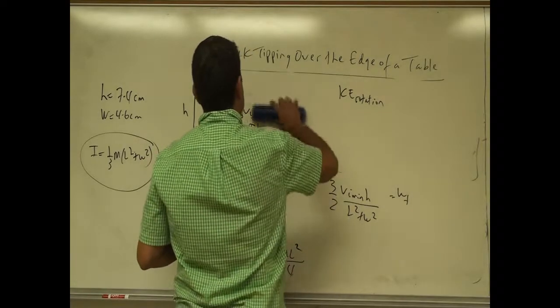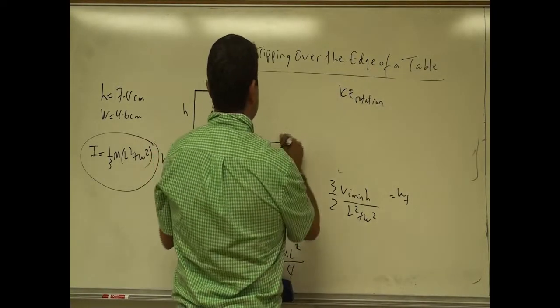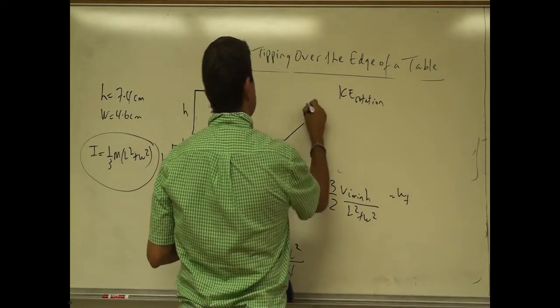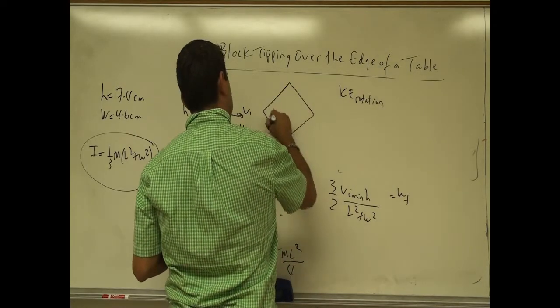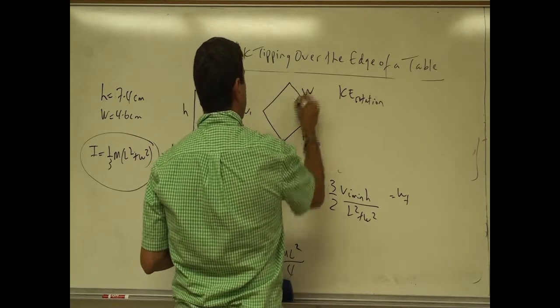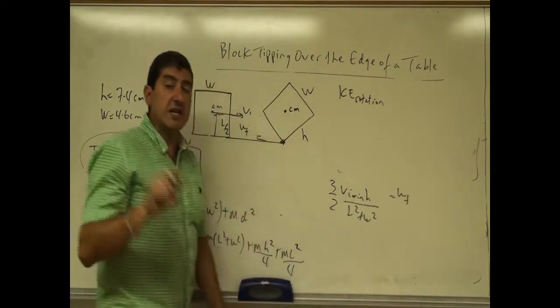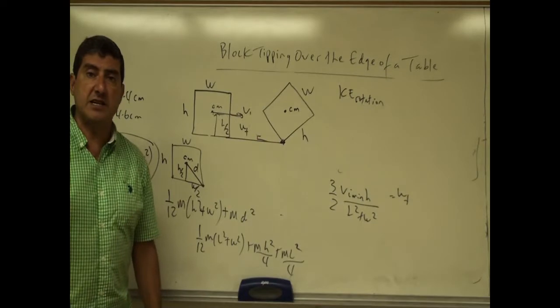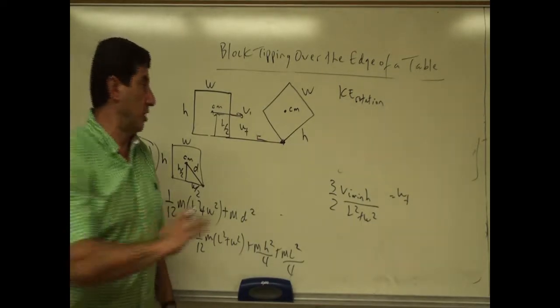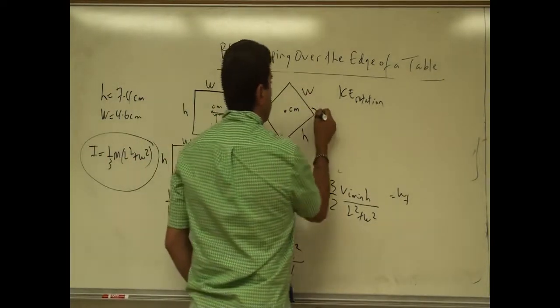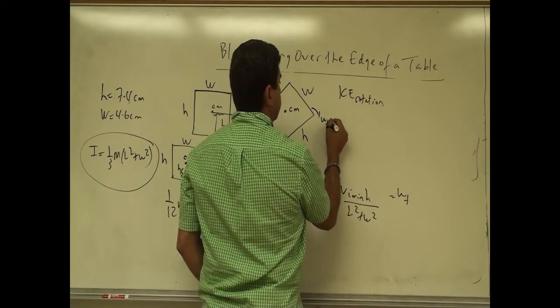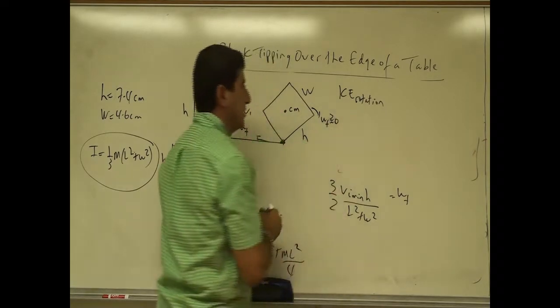So that by the time the block is in this position, where this is H, this is W, its center of mass reaches here. By the time it reaches there, if the final angular velocity is a little bit over 0, then it's going to tip over, right? So the final angular velocity is going to be approximately 0, but a little bit larger than 0.